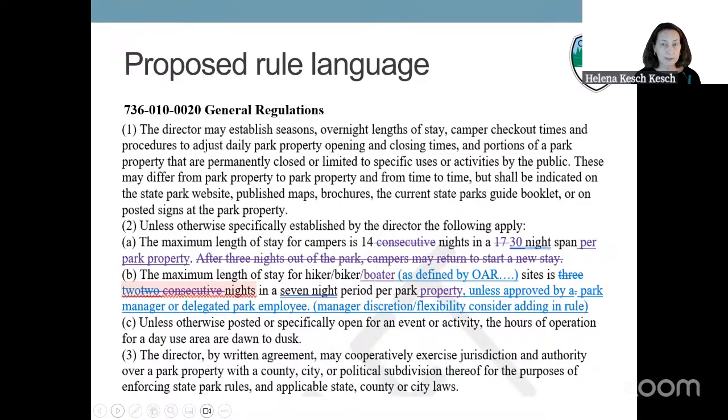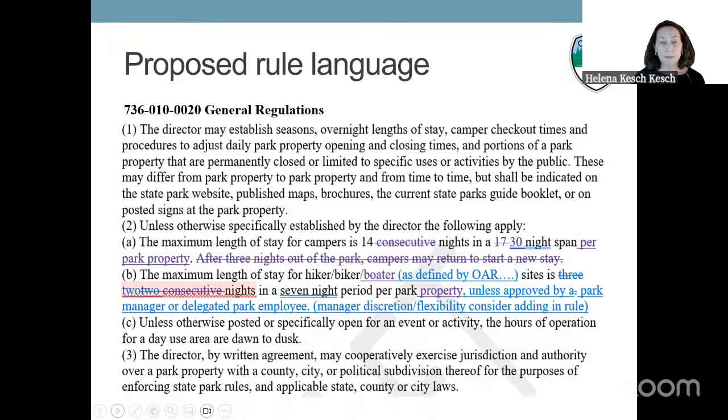Okay, on to our next section, which is Oregon Administrative Rule 736-010-0020, General Regulations. Under 2A, we say the maximum length of stay for campers is 14 nights in a 30-night span per park property.